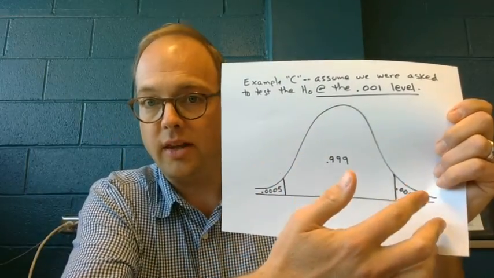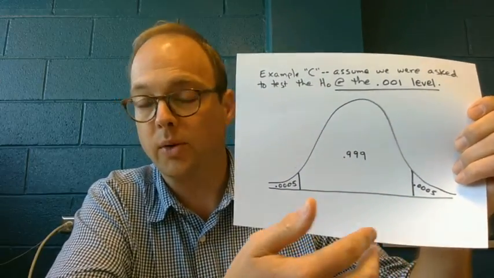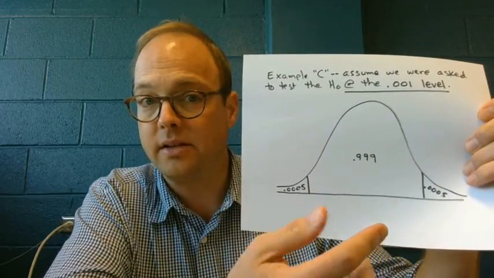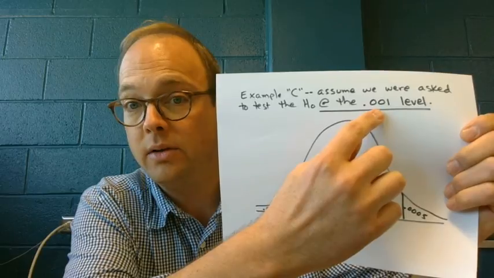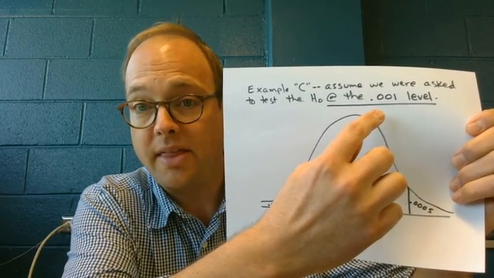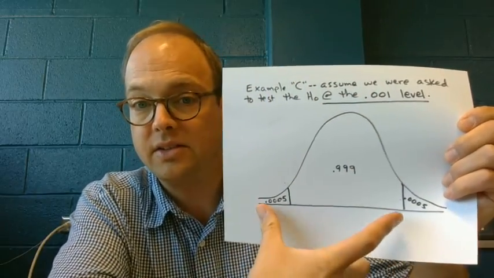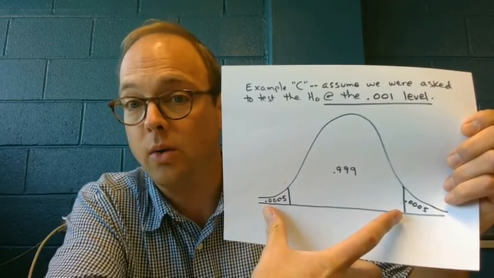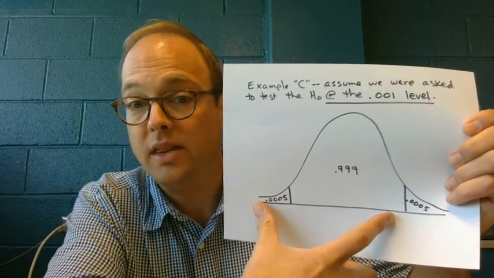This is how the probability distribution would look if we were to actually test the null hypothesis in this instance. We've been asked to test the null hypothesis at the 0.001 level. I also know that the hypotheses do not specify direction, so I need a two-tailed test. That means the critical region or tails are split evenly. The area is split evenly between the tails.